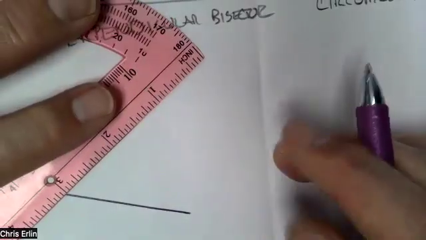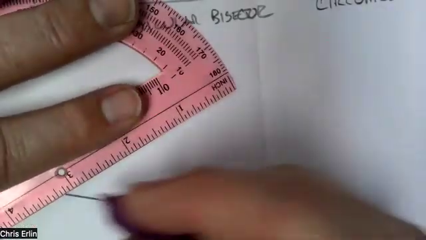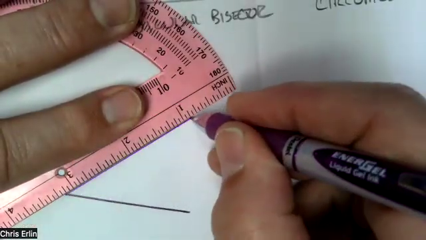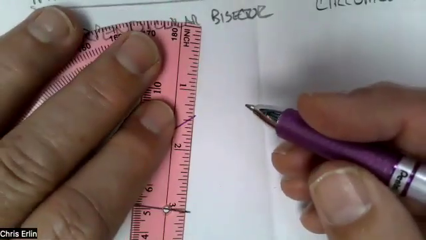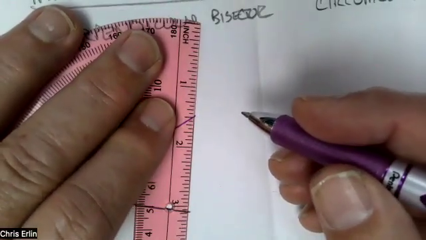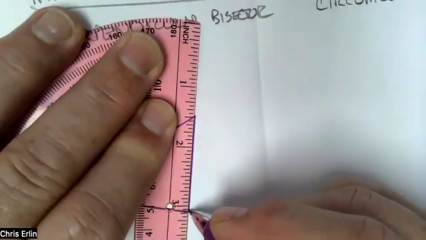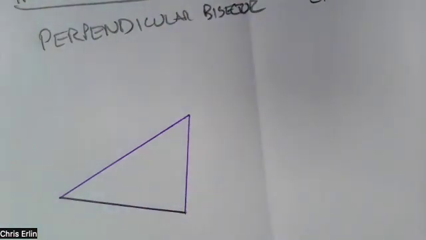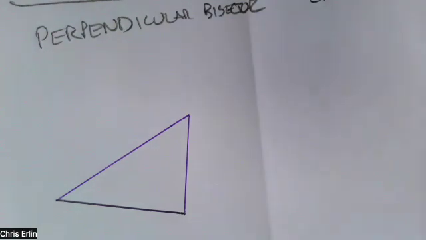Draw the triangle in ink so that when you do the construction tools in pencil, you'll be able to erase the construction mistakes and still have the triangle there. So I draw this part in pen, and then I'll do the perpendicular bisector with pencil. Your triangle can be any triangle.